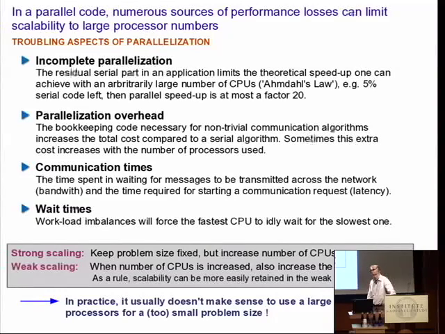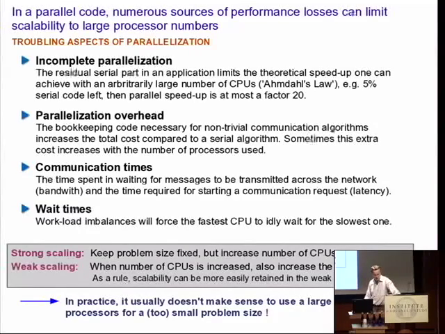You can make things go faster. But most of the time, you will also, at least at some level, increase problem sizes to go to very large computers. And weak scaling means that when you increase not only the number of CPUs, but also the problem size, and you manage then to keep the parallelization losses small, then you're in the weak scaling regime.